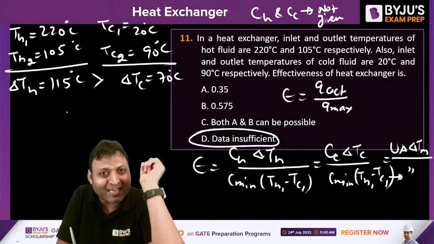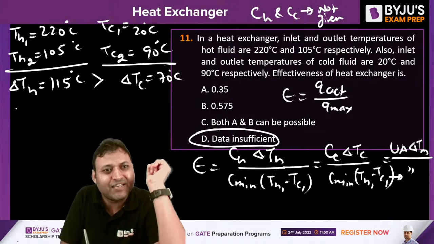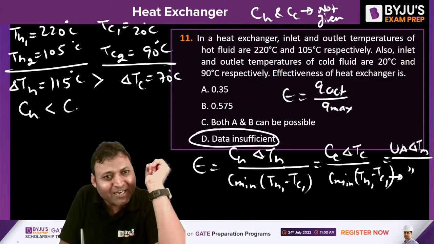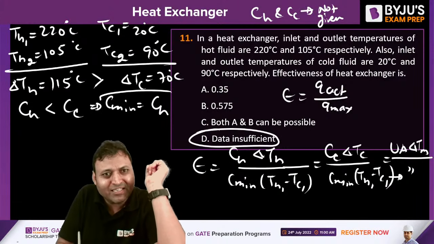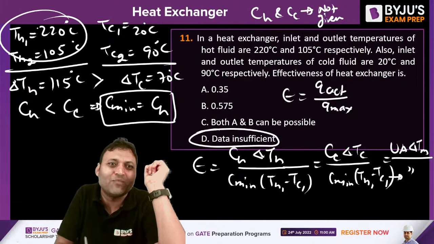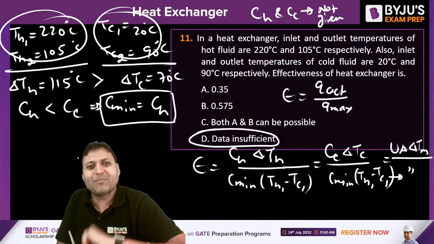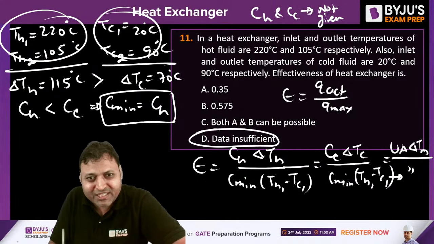Do you agree delta TH is greater than delta TC? So we can say CH must be less than CC. So C minimum will be equal to CH. That is what we can find out from these temperatures.